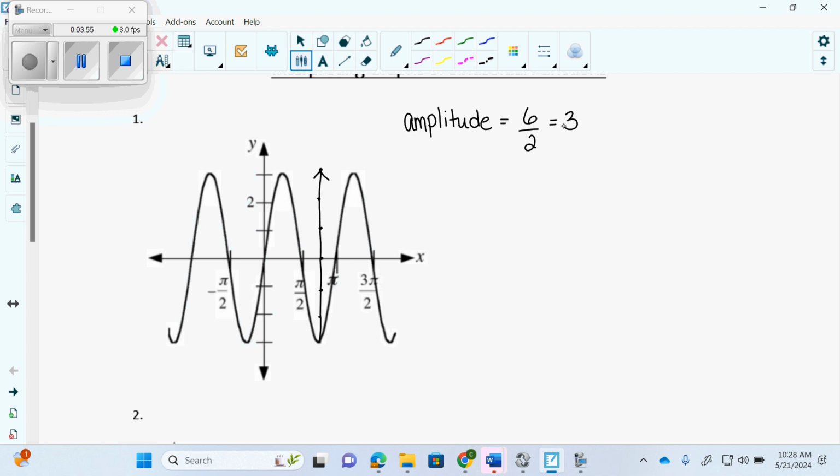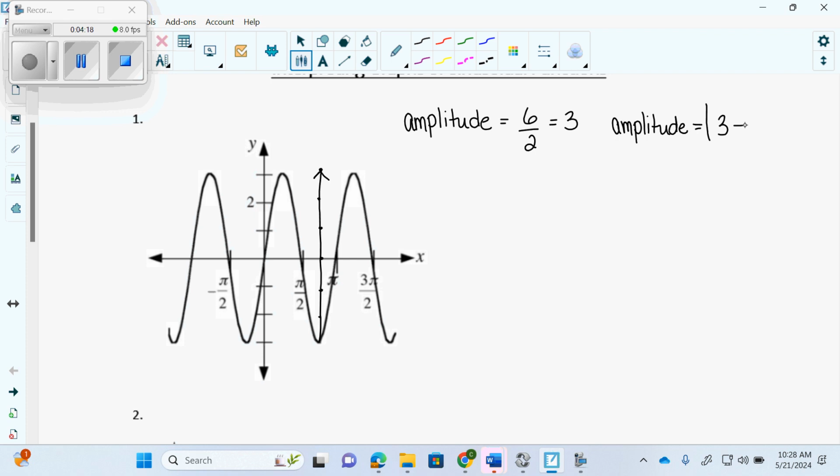Or we can use the actual formula. Amplitude. And make sure you have room because we're going to put amplitude on here, period, and equations, and midline. So the amplitude is the absolute value of the maximum. What's the maximum on this one? 3 minus the minimum.